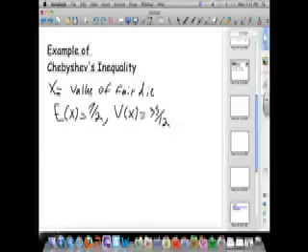Now, consider Chebyshev's with r equals 3.